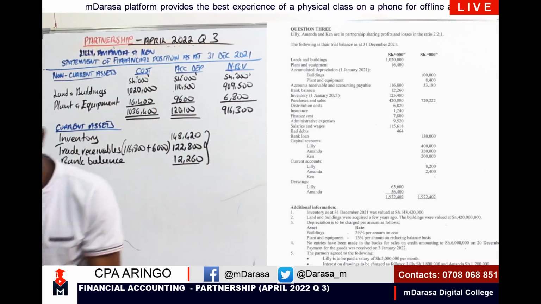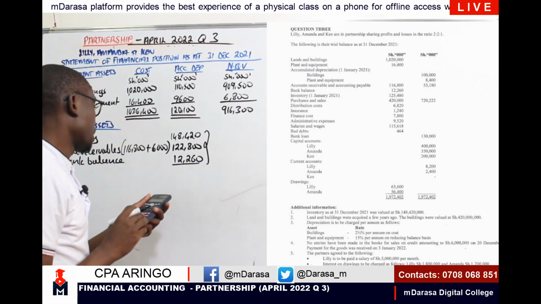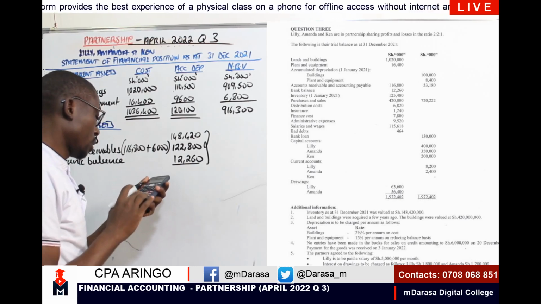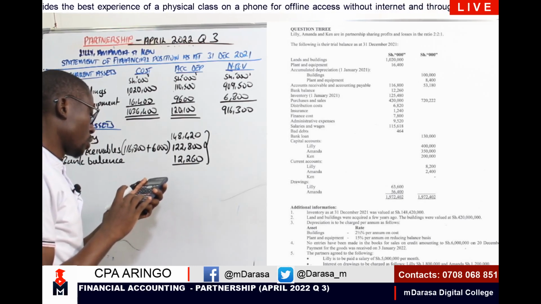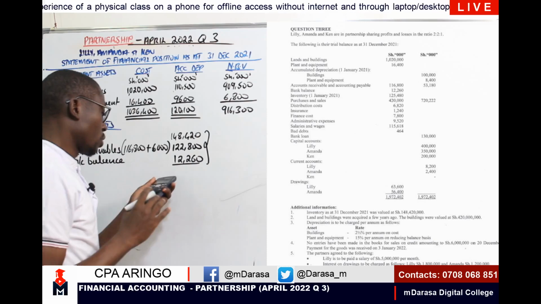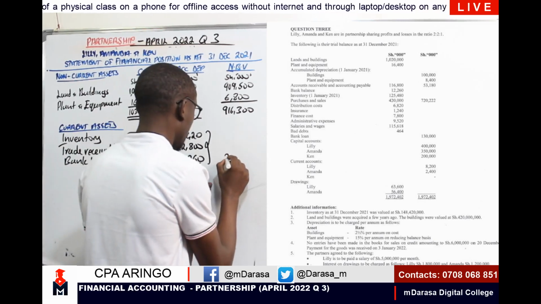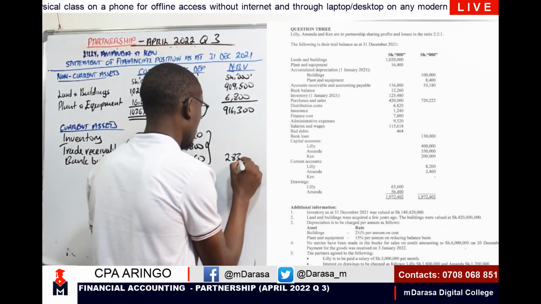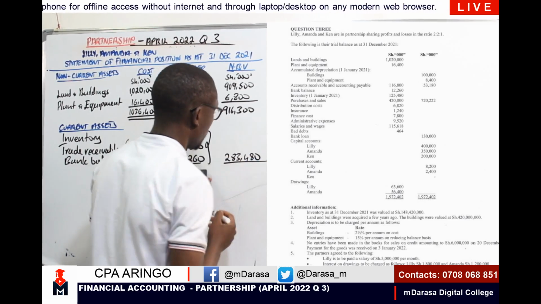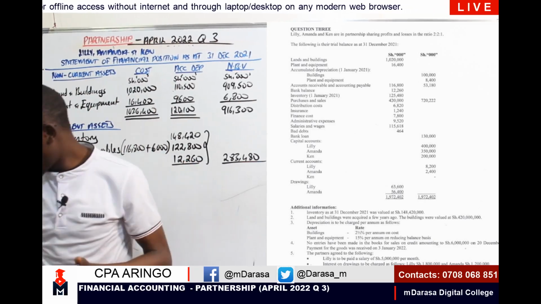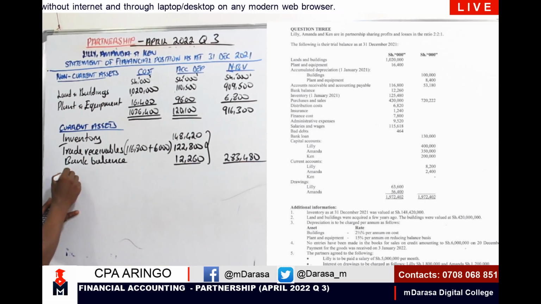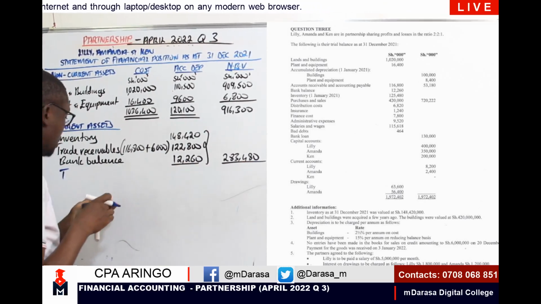So as at the end of the day, if we sum it up, what will we be having as our current assets? We should be talking of 148,420. We add 122,800, we add 12,260 to give me a figure of 283,480. So confidently, we can now have our total assets.